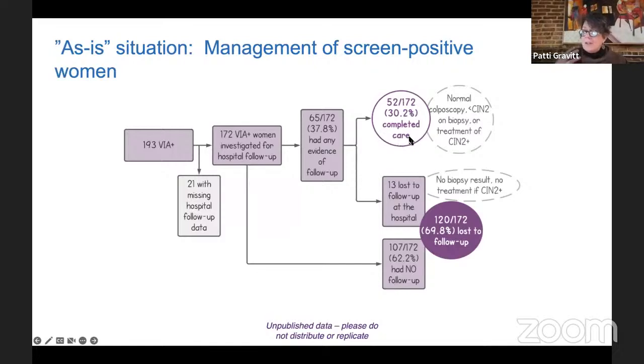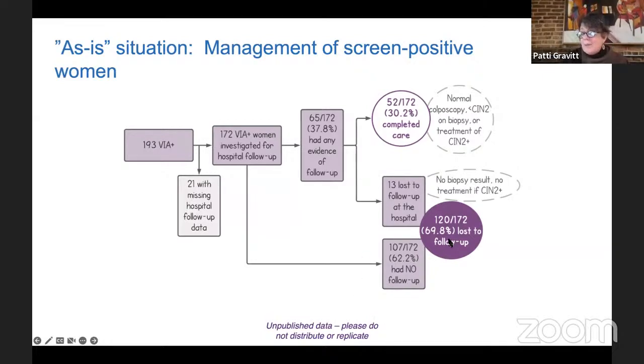And that meant that they had a positive VIA, they went to the hospital, we saw evidence of that, and then at the hospital, we saw some recording that either their colposcopy was normal, and so they were sent back to screening, that they had a biopsy which was less than precancer, and so they were determined not to need treatment, or they were defined as having a precancerous lesion or a cancer, and they were actually treated. 13 were lost to follow up at the hospital, so they either had a biopsy with no results, or they had a CIN2 plus histopathology and didn't get treated.